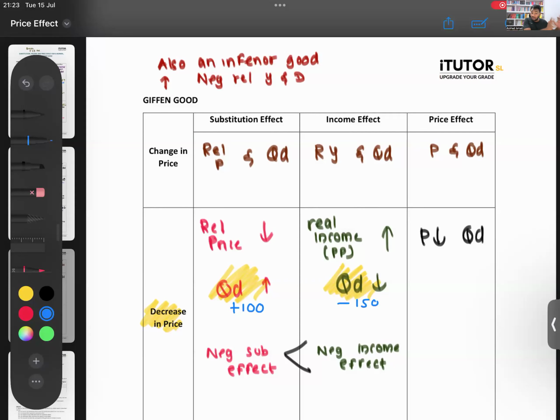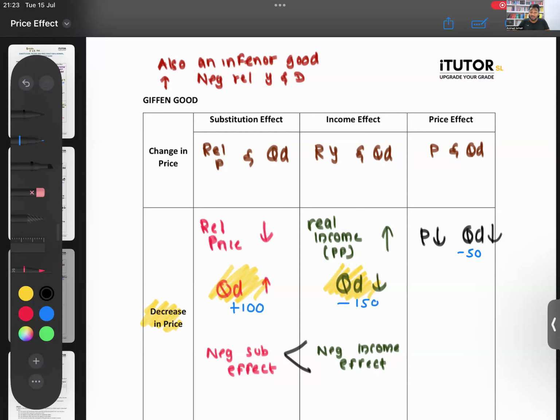Income effect is more powerful. They are saying, no, it will fall by 150. So QD will then overall fall by 50, minus 50. Price decreases, QD also decreases.